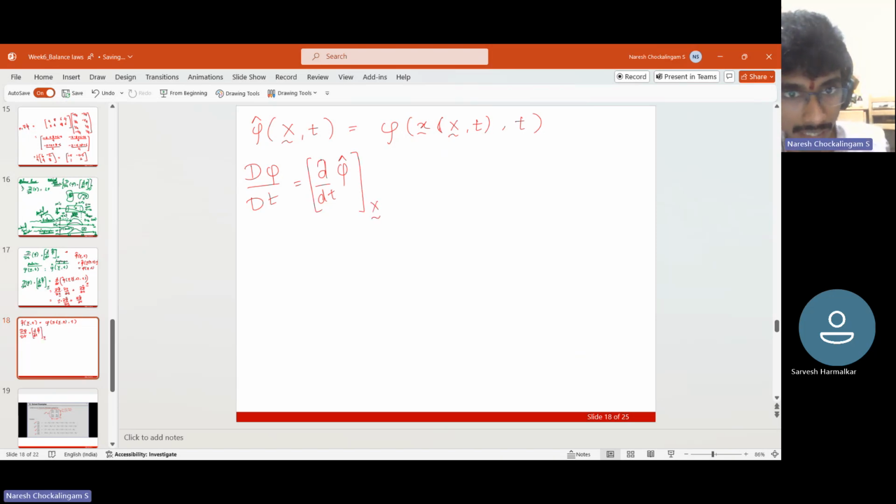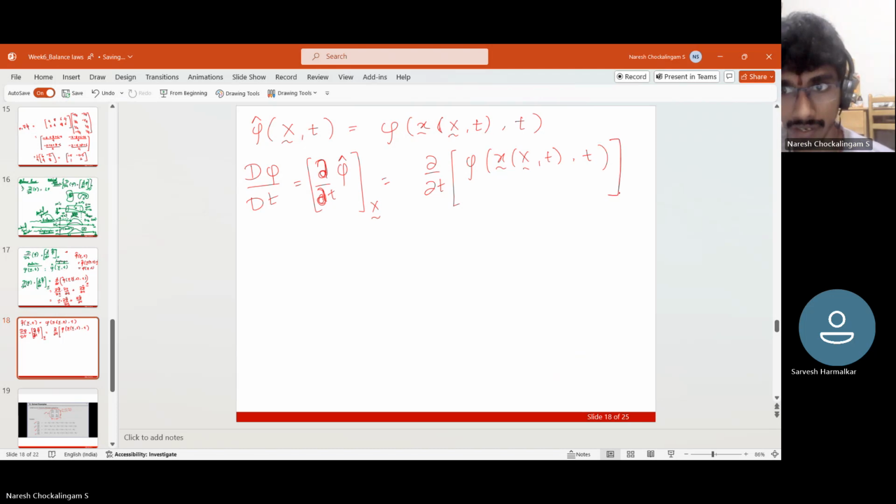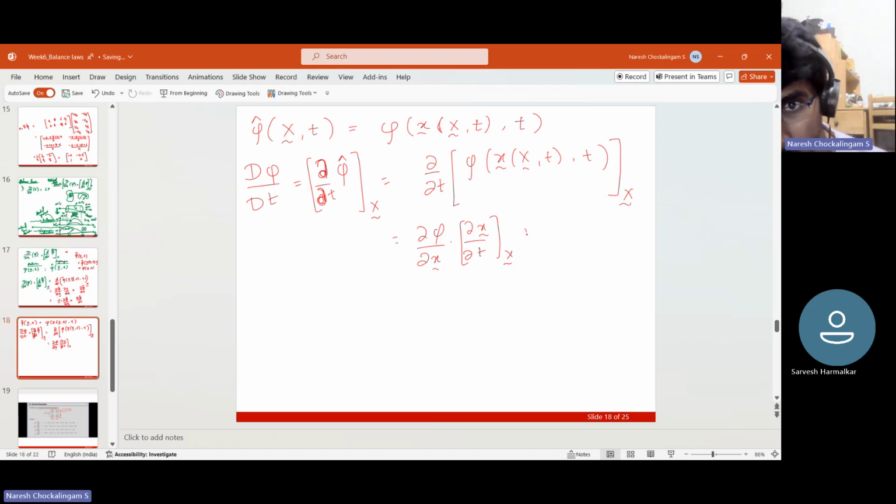So this I can put a partial sign, a partial phi cap with respect to time. But what is this? This is partial t of phi of x comma t keeping X fixed. Use the chain rule. So first you have phi with respect to x and x with respect to t keeping capital X fixed plus phi with respect to t keeping small x fixed.